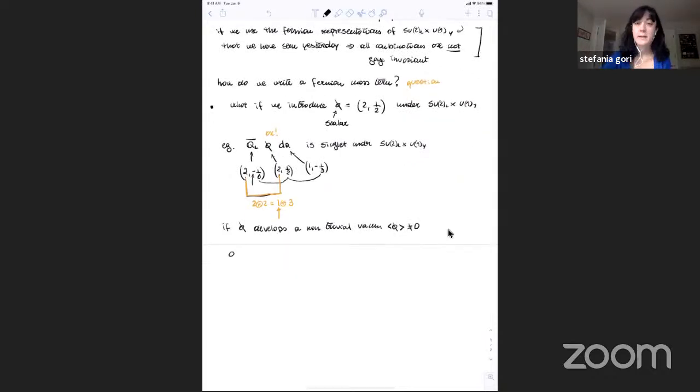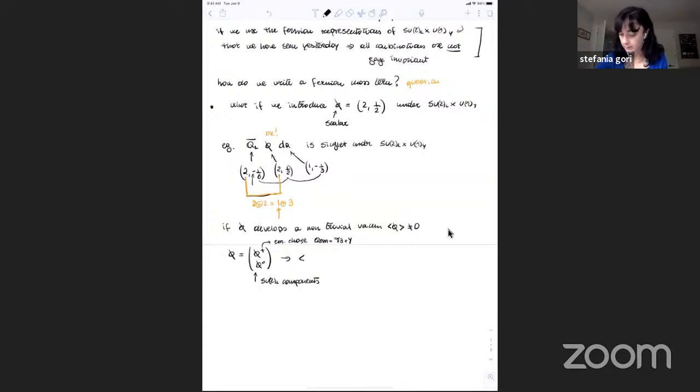So since phi is a doublet of SU2 with hypercharge 1 plus 1/2, I can write it down as, so these are the SU2 left components. Notice that this is the electric charge, because we have seen that electric charge is equal to T3 plus y, and then with the hypercharge we introduced we get these electric charges.